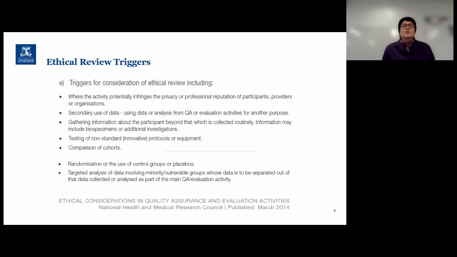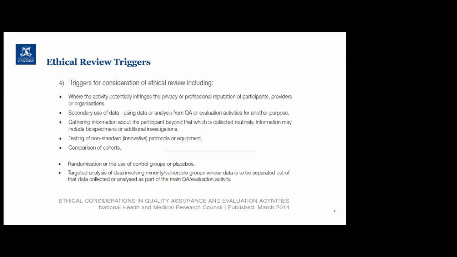So once you're doing an activity within your organisation, you need to think, how is that going to reflect on the participants, perhaps the clinicians within the organisation and the organisation overall. And if there's a possibility that people will be identified, there might be information about their clinical practice and the quality of their practice, that means that you should then go for ethical review before that information is disseminated publicly.